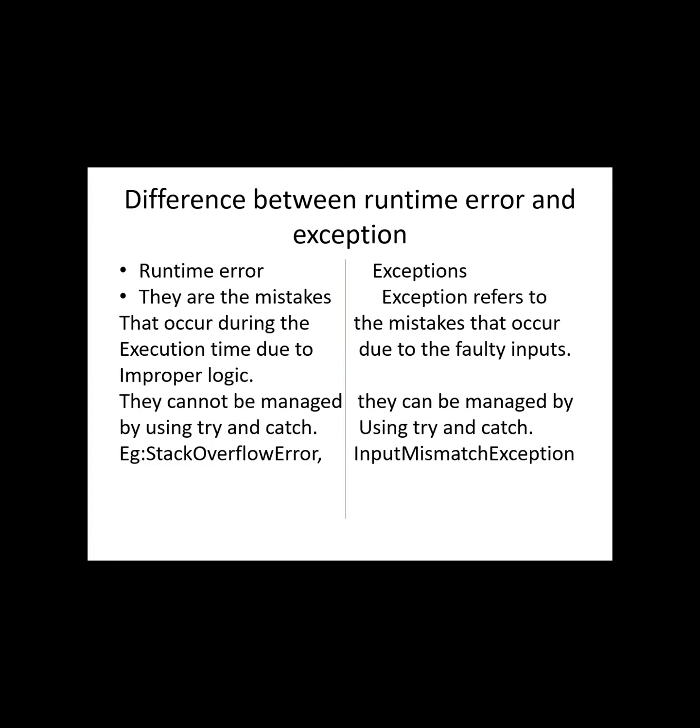The other one is out of memory error. These two are which type of error? Runtime error. These two are exceptions. Input mismatch exception we have already seen, as well as negative array size exception.